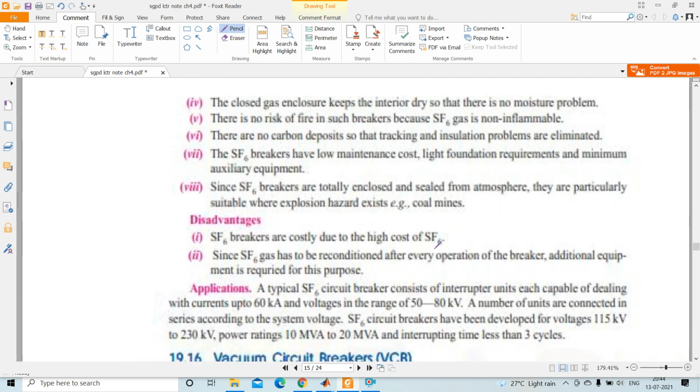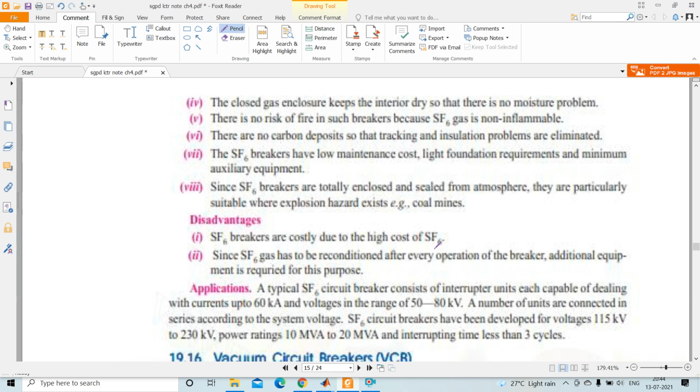An SF6 circuit breaker consists of interrupter units, each capable of dealing with current up to 60 kiloampere and voltage in the range of 50 to 80 kilovolt. The number of units are connected in series according to the system voltage.